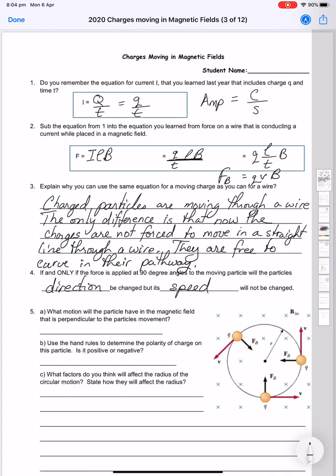And remember, this is what I taught you for centripetal motion. Always, if you look down on the diagram at 5, the force is at 90-degree angles to the velocity. That is always going to cause circular motion.